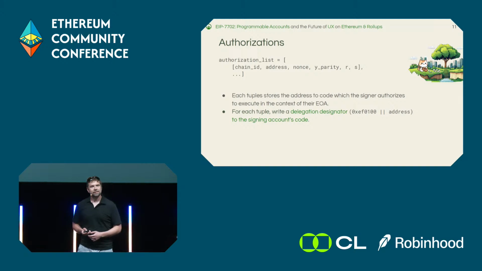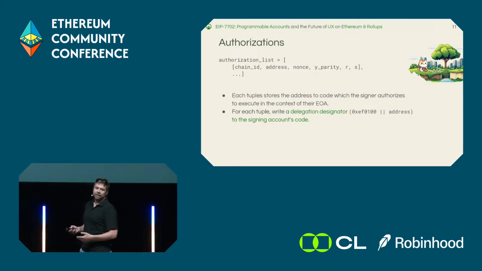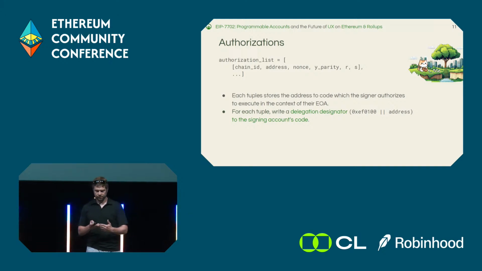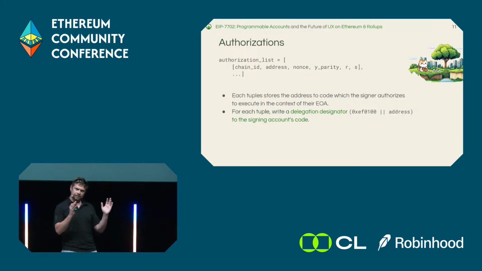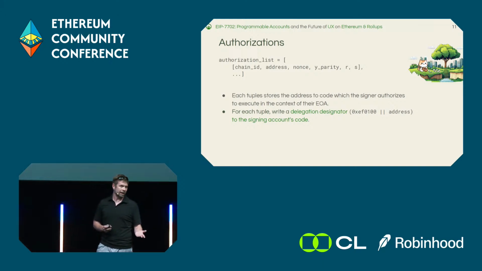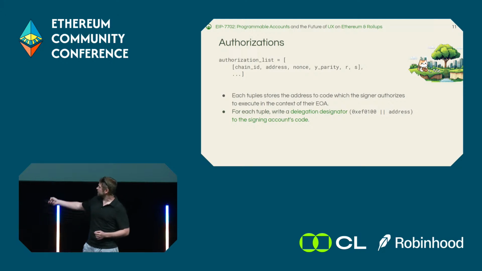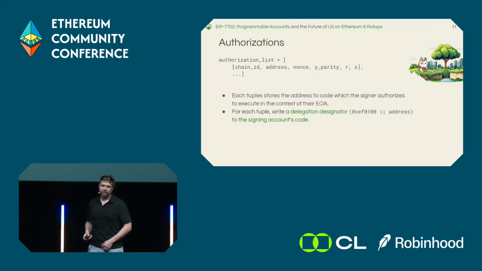When it's being processed, then for each tuple, we essentially write a delegation designator in the storage of the account represented by this signature. And the designator is some magic constant. It's this fixed prefix 0xEF1, concatenated with the address, and it's this particular address.